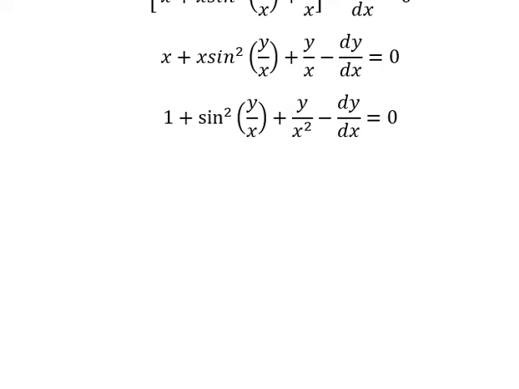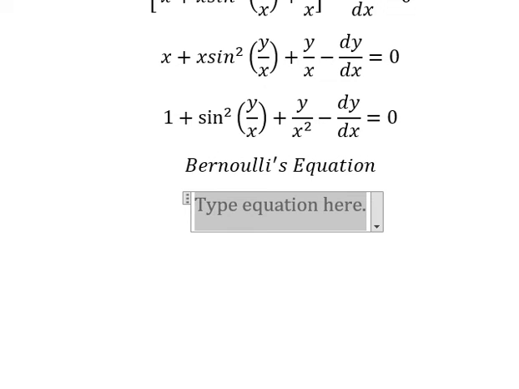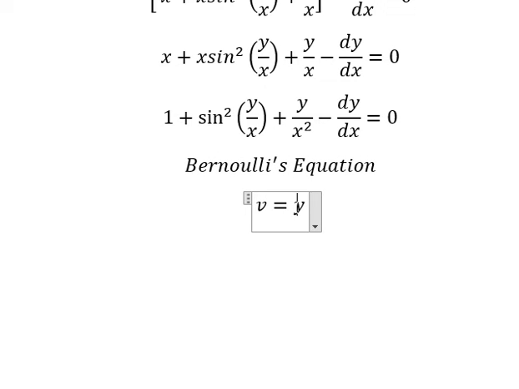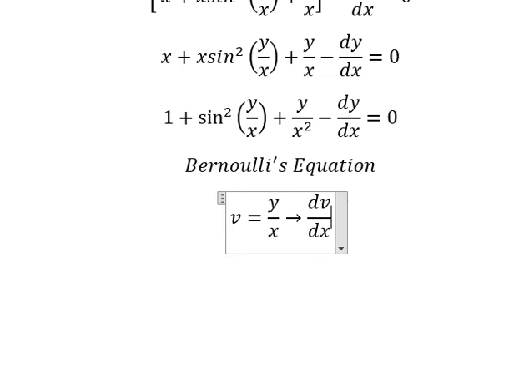Now, I need to use about Bernoulli Equation. So I will put about v equals to y over x. So if I do first derivative for both sides, you got about dv over dx.